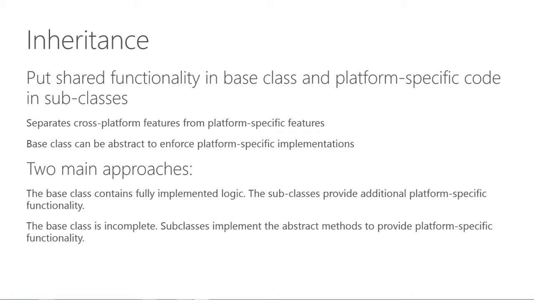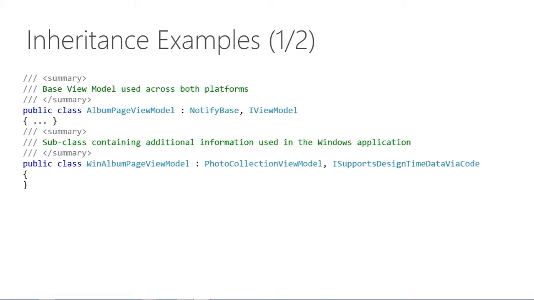And so you can do it a number of different ways. You can make your base class abstract and then implement completely in the platform-specific implementation, or you can put some of the code in the base class and then override or add to it using the subclass. Here is one example. This first one is from the album page view model CS file.